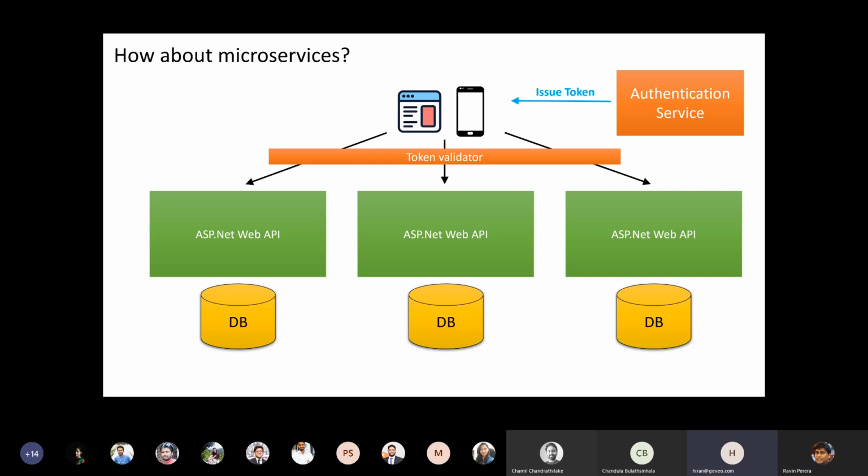Okay, all right. So the token validator does not belong to any of these three APIs. These APIs sit behind the token validator. So we are not going to implement any custom logic. For example, if you have Google authentication or Microsoft authentication, you have to validate the token that you received from the client, so your application has to perform that.